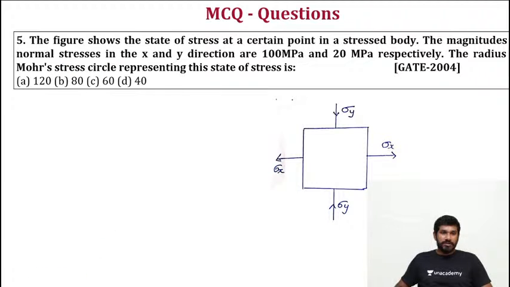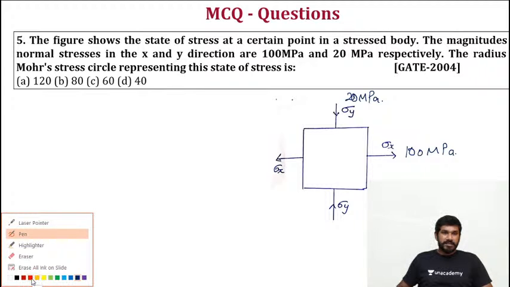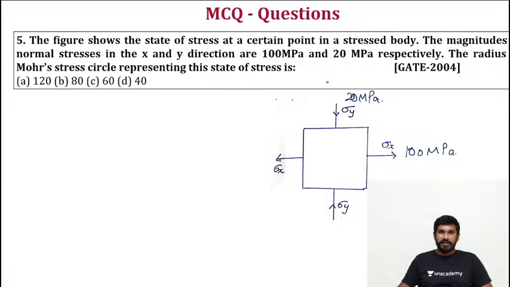You have to calculate the radius of the Mohr circle. In the x direction it is 100 megapascal and in the y direction 20 megapascal. Now the most important thing here is, y is compressive, because you can see the direction of stress. Y is compressive and x is tensile.